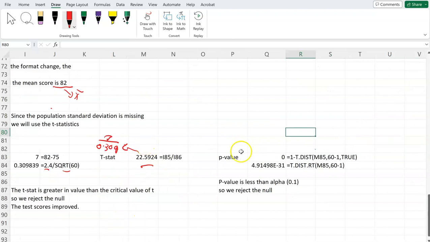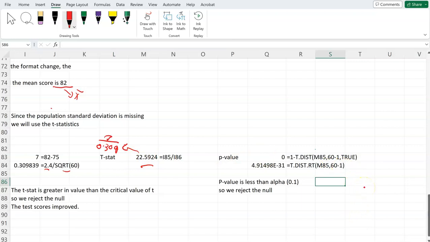In my case, the p-value will be 1 minus the t-dist. If I want to find the p-value, I either do 1 minus t-dist of the t-stat, and this is going to be my degrees of freedom, comma true, saying that it's cumulative, or I could use the formula t.dist.rt, and this is my t-value, and it's going to be 60 minus 1.